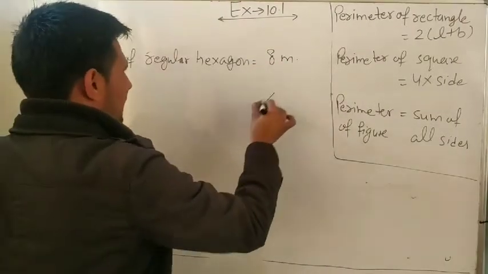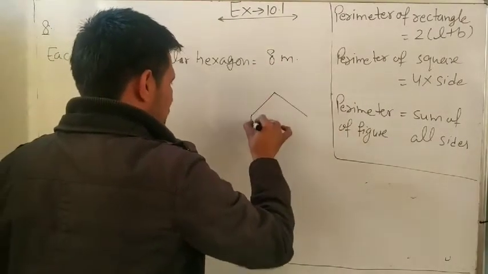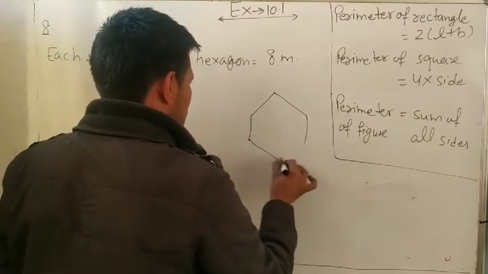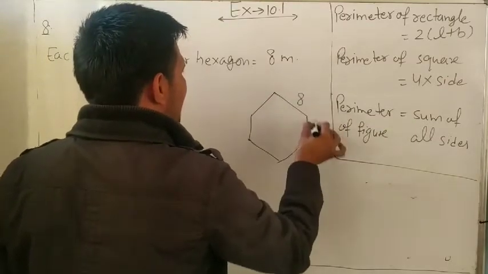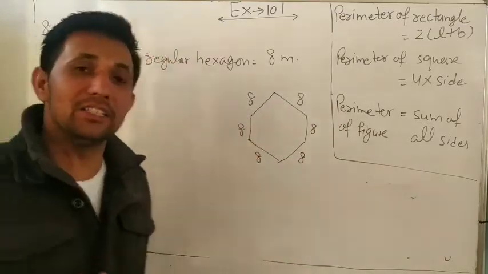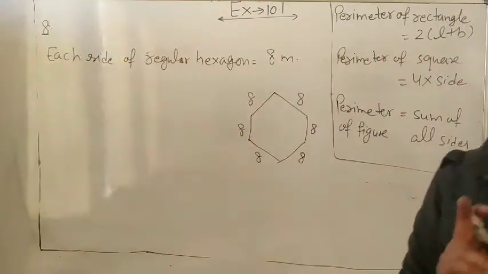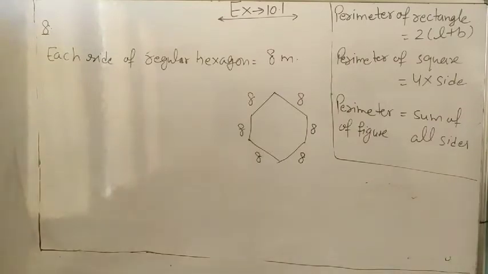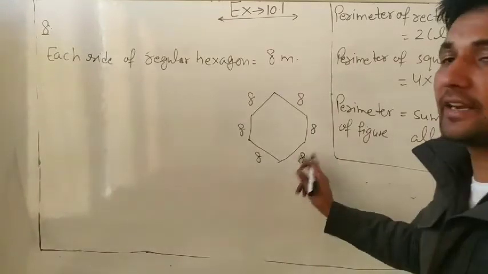You can make a figure also if you want. Every side is 8, 8, 8, 8, 8. It means each side is equal, and in a regular hexagon, how many sides? 6. So total perimeter is 8 into 6.